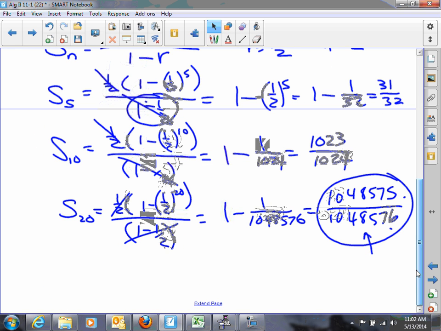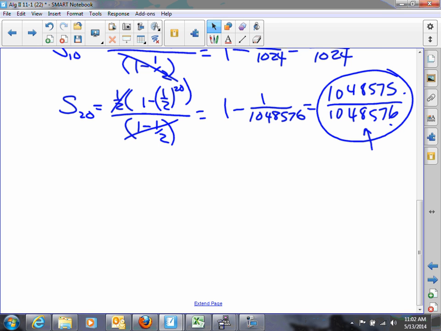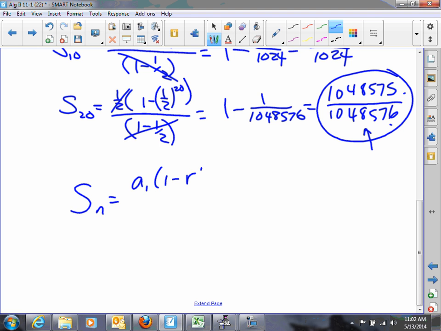Now, if you look at the formula itself, we have S sub n is equal to a sub 1 times 1 minus r to the n over 1 minus r. The only thing that was changing each time as we increased the number was the n here. And if the absolute value of r is less than 1, that's a fraction.